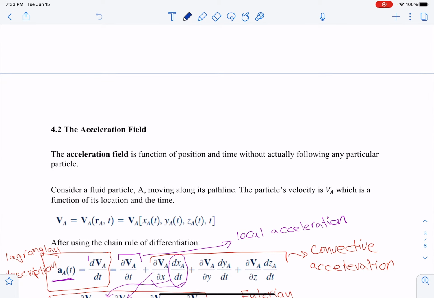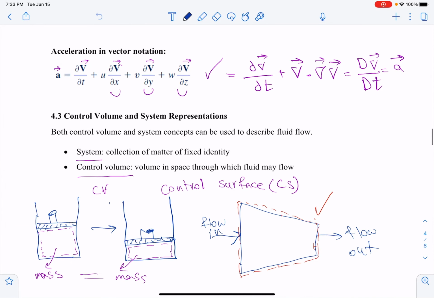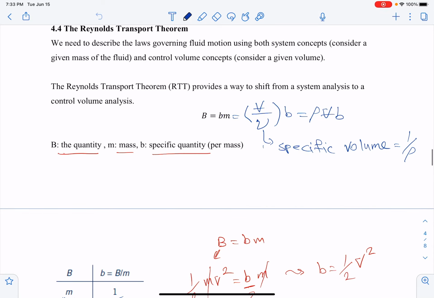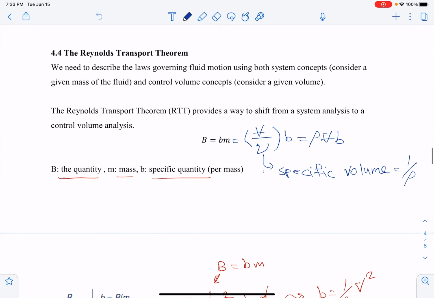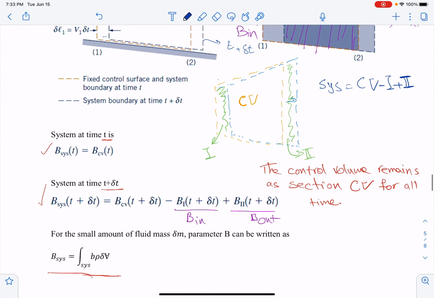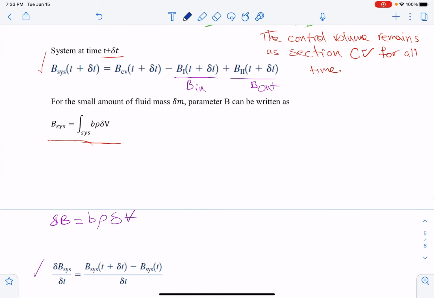And if I go down to the Reynolds transport theorem, we say that B right here is equal to b times m, right? And then if we go down, this is another formula that we have. This is how we write it down.